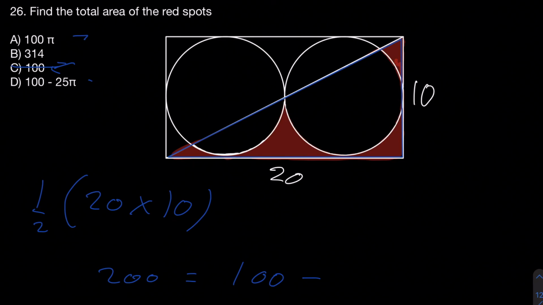Next step, find the area of the circle. So what's the radius here? Because the area of a circle is pi r squared. We can find the diameter because, as you can see, this section right here, cutting through the middle, is half of the rectangle.